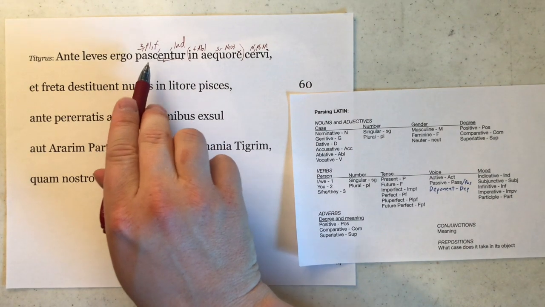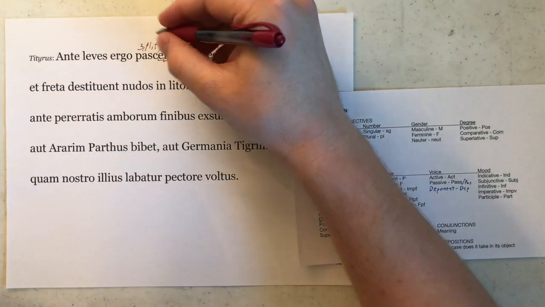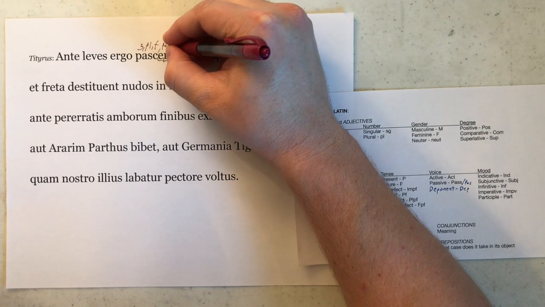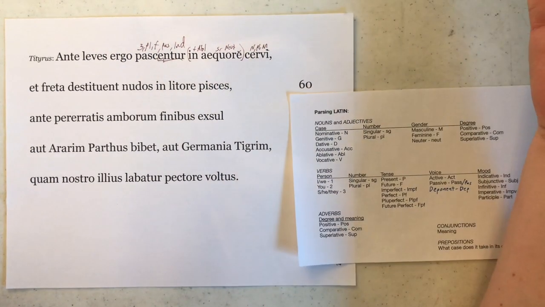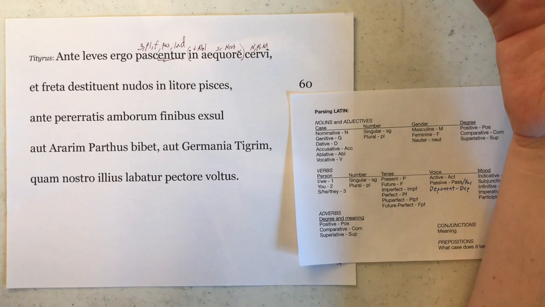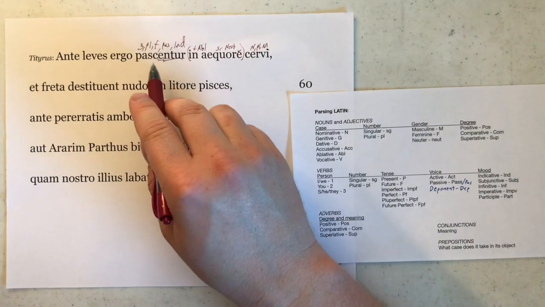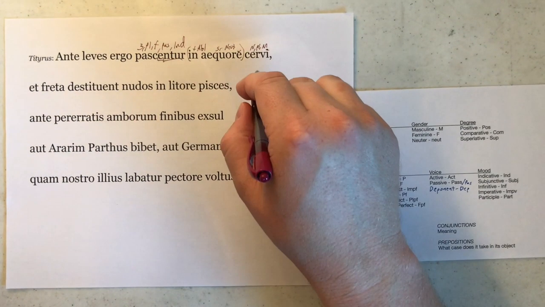And then we come back to ante and leves. We know that since pascentur means to feed or to pasture, it's going to be passive, because you pasture an animal, and that was used actively by Meliboeus previously. So that solves that.